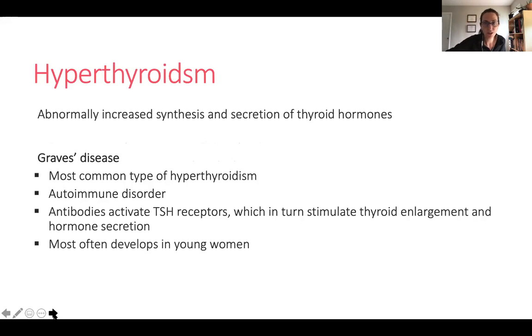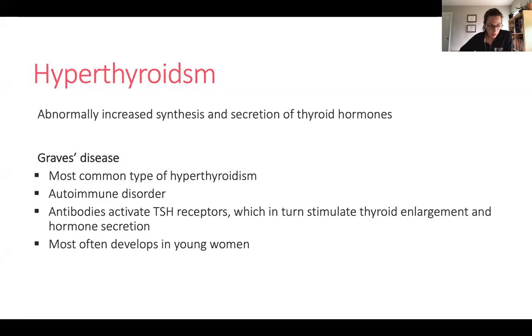So with hyperthyroidism, there is an abnormally increased synthesis and secretion of the hormones. This is referred to as Graves' disease, and it's the most common type of hyperthyroidism. It is an autoimmune disorder, where antibodies activate the TSH receptors and stimulate thyroid enlargement and hormone secretion.